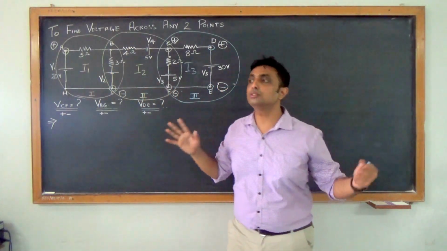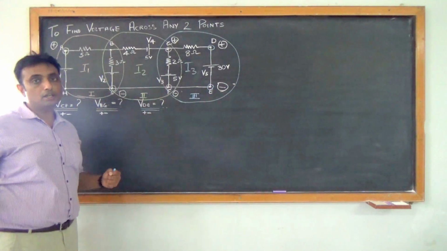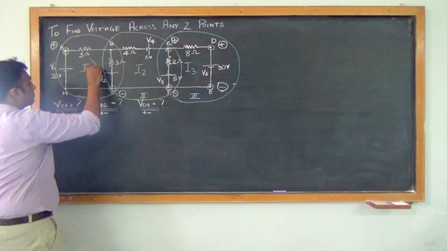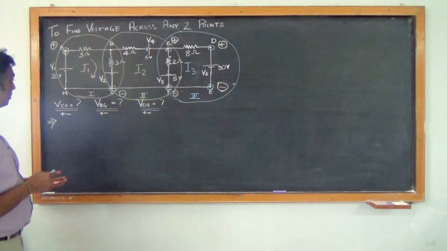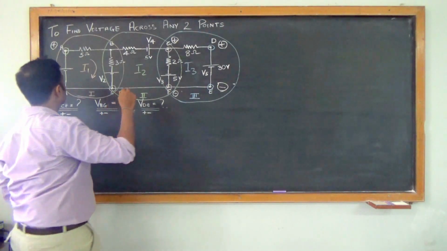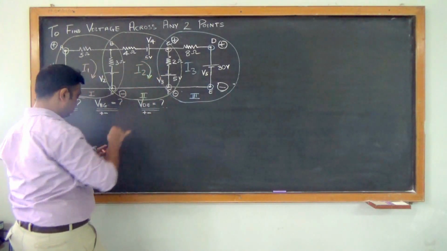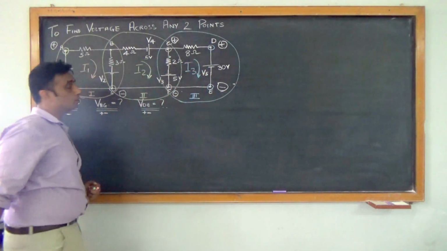Now, if you want to use the shortcut method, we have to compulsorily assume all the directions in clockwise. So I have I1, which is assumed in clockwise. I have I2 also assumed in clockwise, and I have I3 which is also assumed in clockwise.